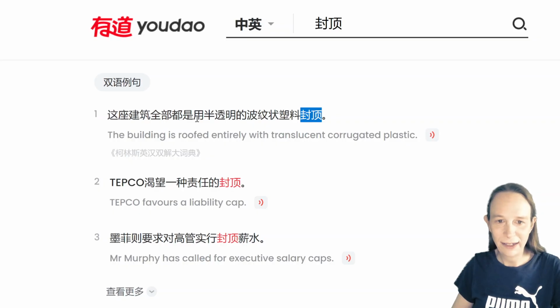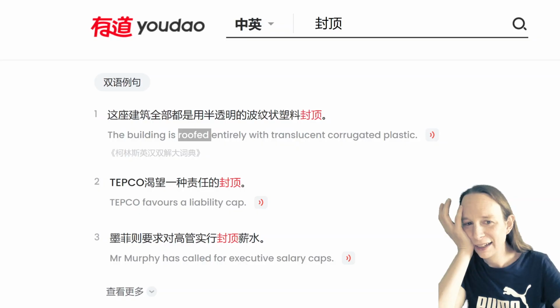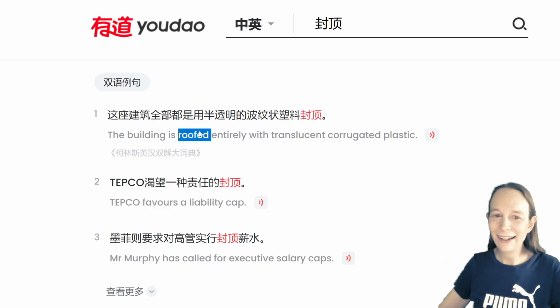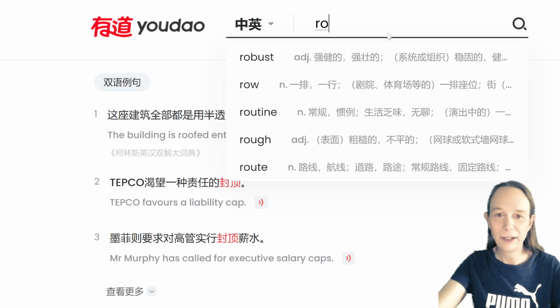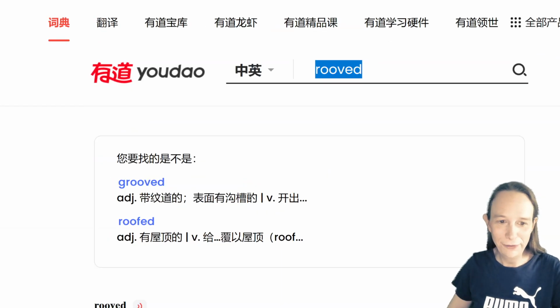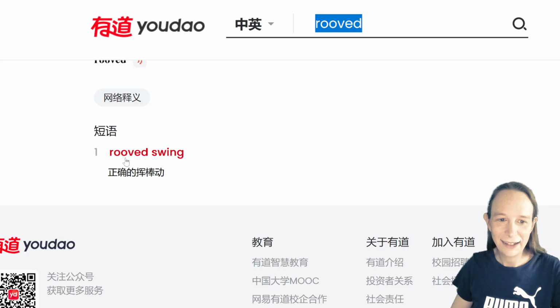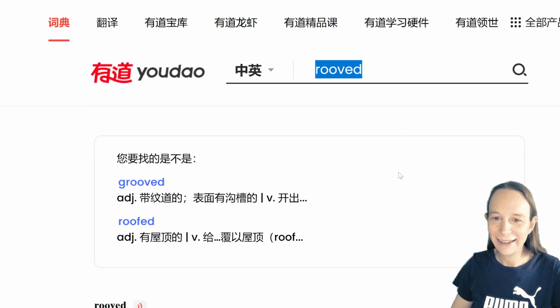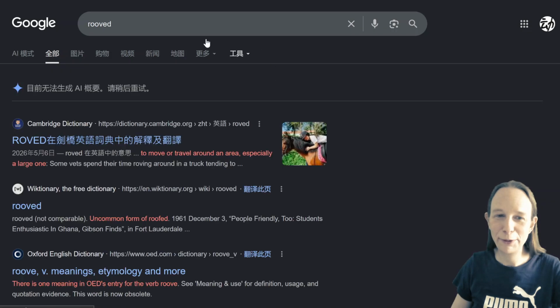So we've got, yeah, no, 封顶 is the word, is roofed. Roofed. No, it should be roofed, right? Is it roofed or roofed? I feel like it should be roofed. Should be roofed. Roofed.